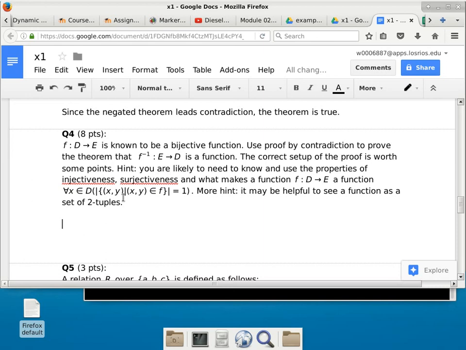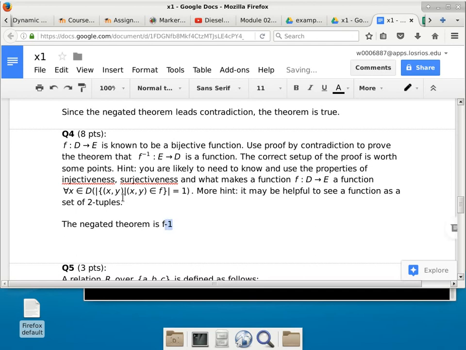Negate the theorem. Okay, so the negated theorem is, how do we get the negated theorem? We'll just say that F inverse is not a function.